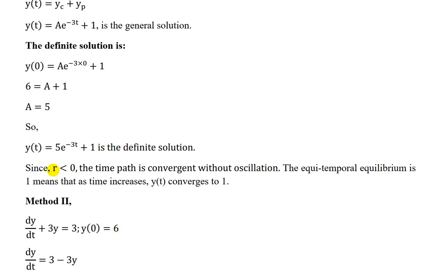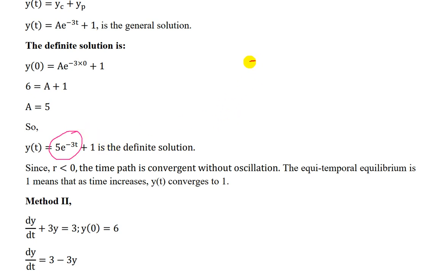Since r is less than 0, the time path is convergent without oscillation. It has no oscillation because there is no component such as sine or cosine that causes oscillation. And since our complementary function is 5 e to the minus 3t, the time path itself is convergent.